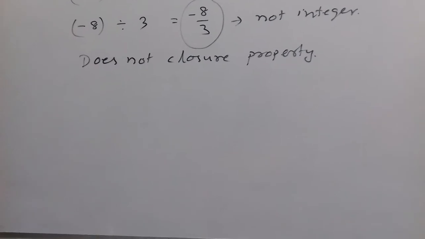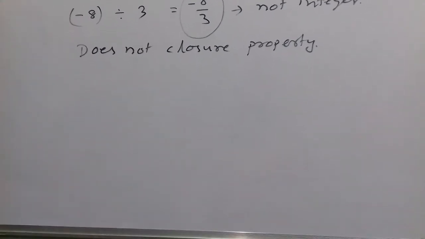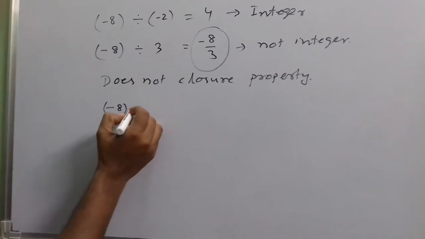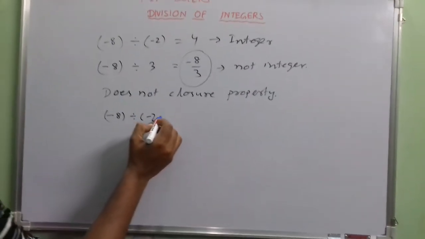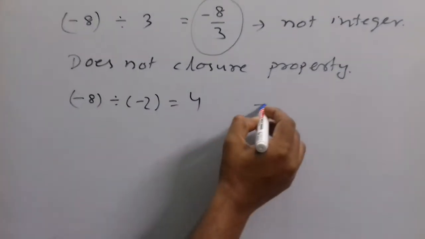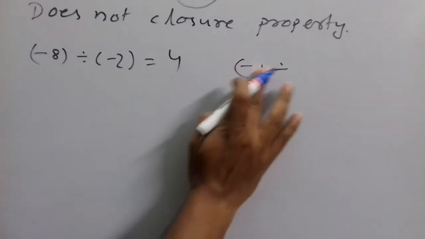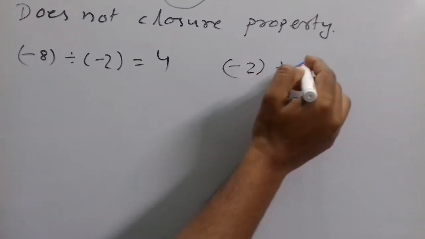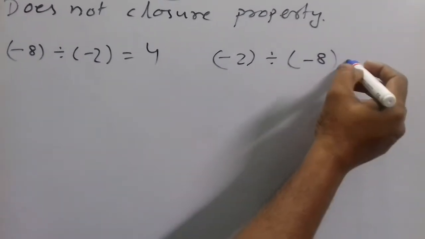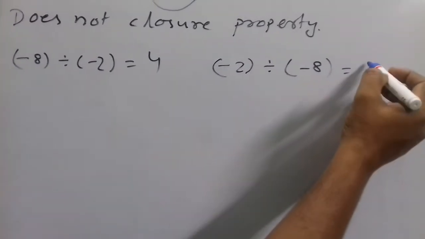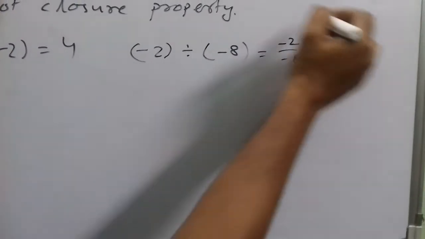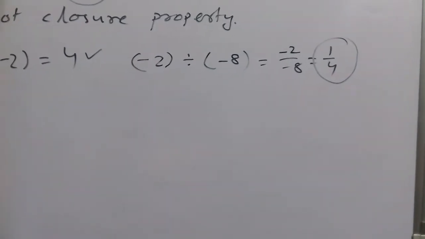Now let's think about the commutative property. I am taking the same example. Minus 8 divided by minus 2 gives you 4. Now if I take minus 2 and divide it by minus 8, what is the answer? Minus 2 by minus 8 is equal to 1 by 4. So you see the answers are different.